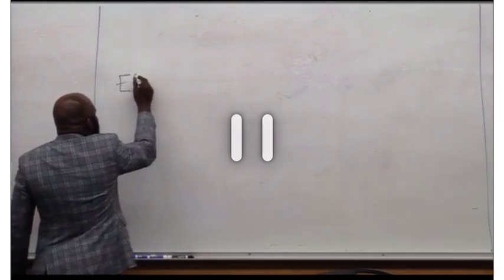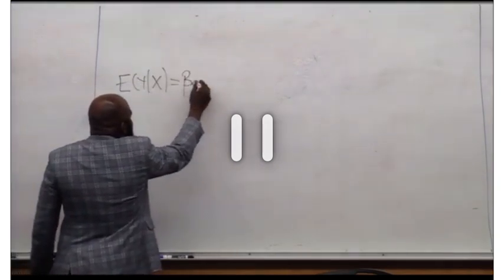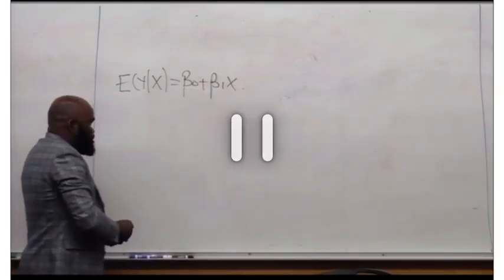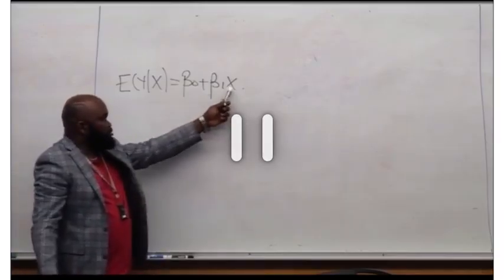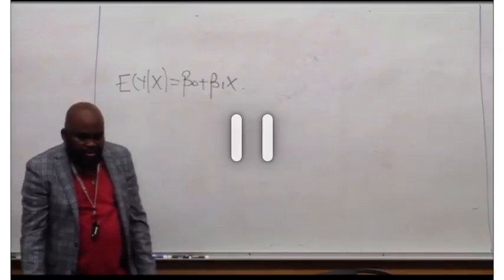The mean function then was the expectation of y given x equals beta naught plus beta 1 x. So this is the situation when we have only one explanatory variable.